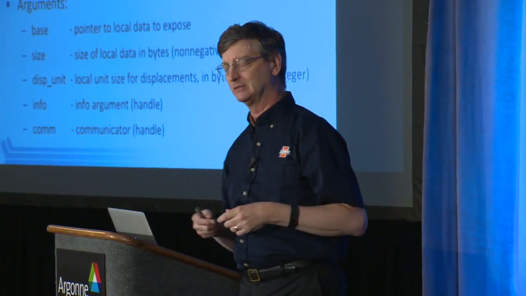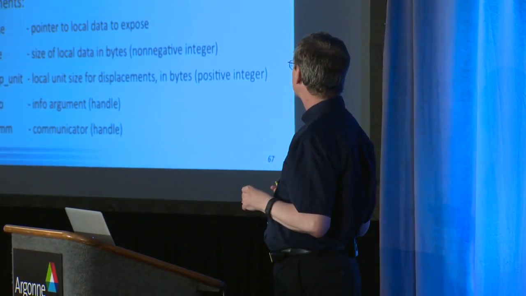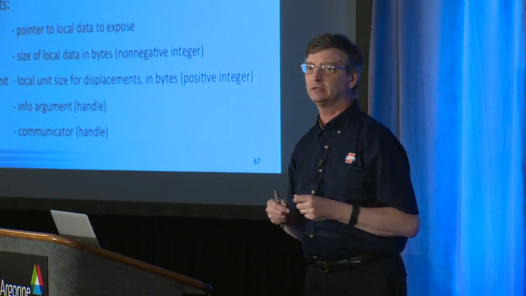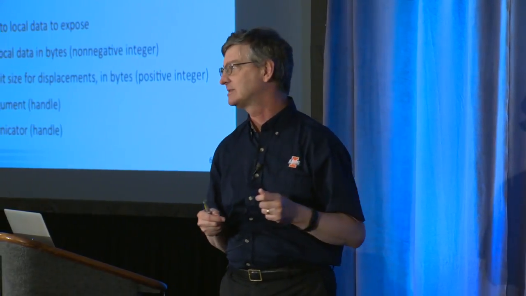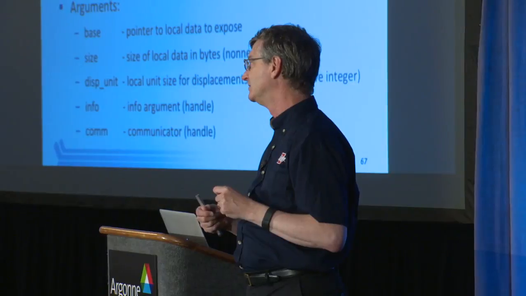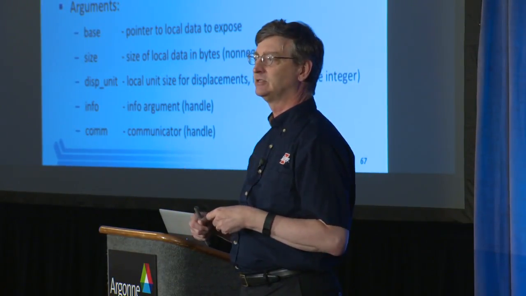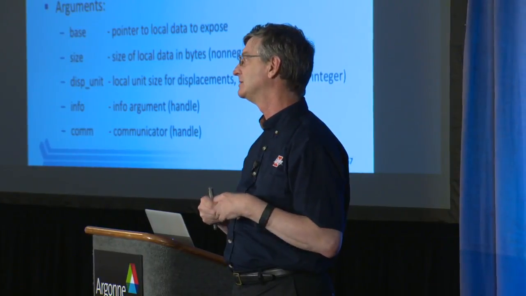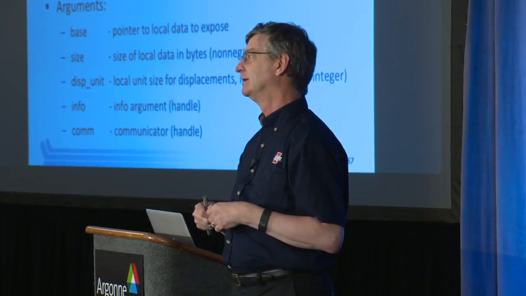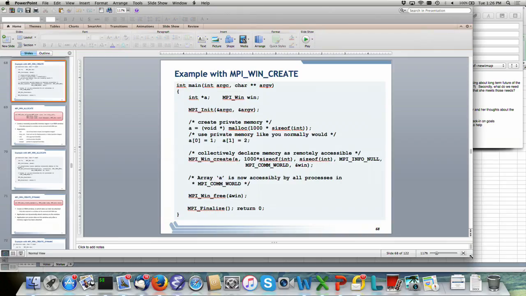It can be used to pass all sorts of information. It is one of the few examples of where it is valid to pass a null handle to an MPI routine. In many cases, using a null handle is an error. In this case, using MPI info null is a correct way to say, I don't have any extra information for you. So again, it's pretty simple.